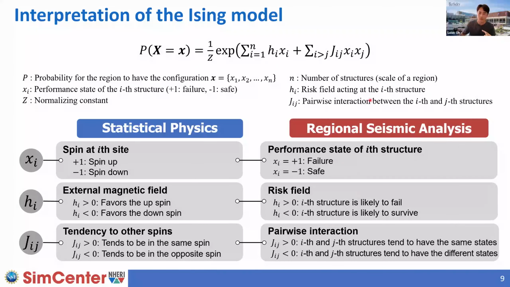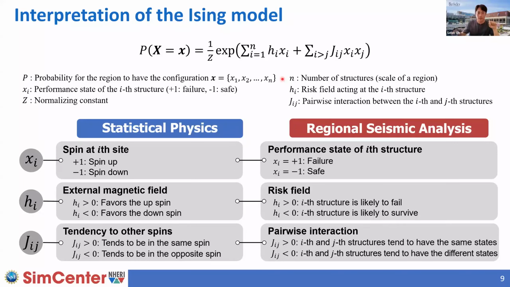So if the first building has collapsed, the second has not, and the third has collapsed, then it will be -1, +1, -1. The Ising model and fragility field will give you the probability of that configuration.